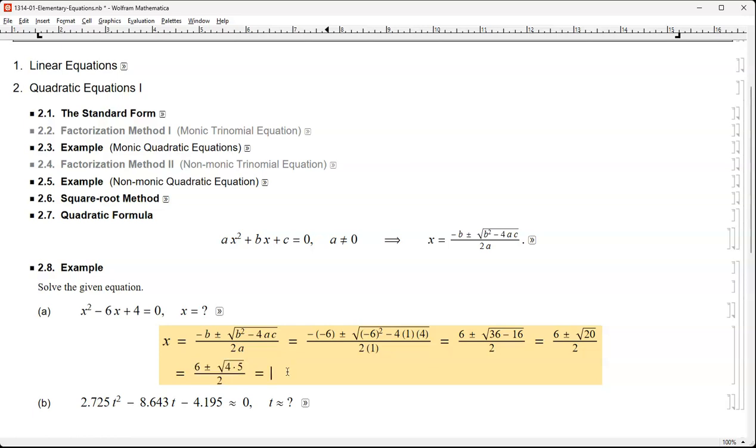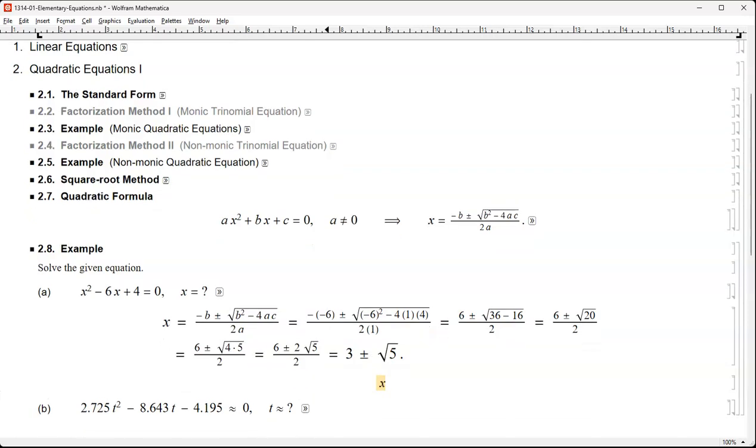But if it comes outside of the square root, we have to take the square root of 4, so that's 2. And finally, we can remove the denominator. Divided by 6, so 6 divided by 2, so 3, and then plus or minus, and then divide away. So that's your solution.